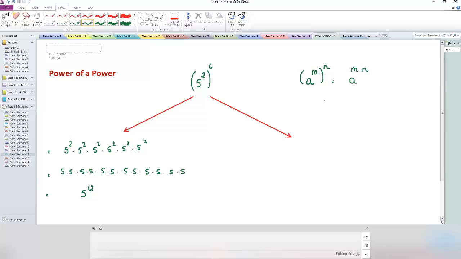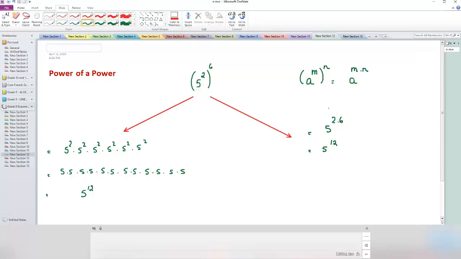So if I have 5 to the power of 2, everything to the power of 6, that means 5 to the power of 2 times 6, which means 5 to the power of 12. And I got the same answer as grade 8 students.